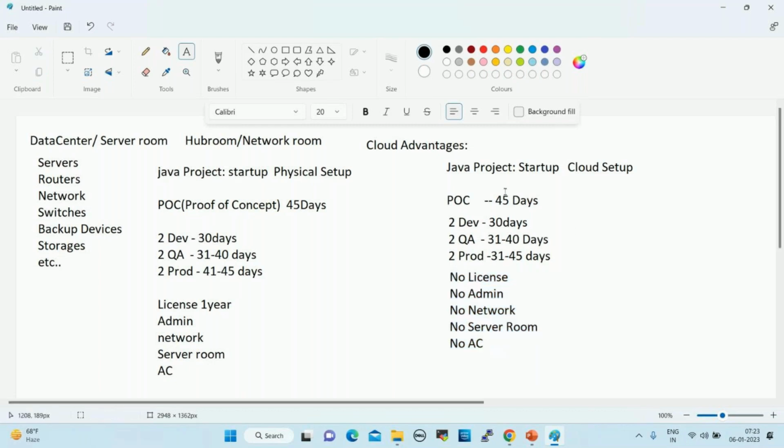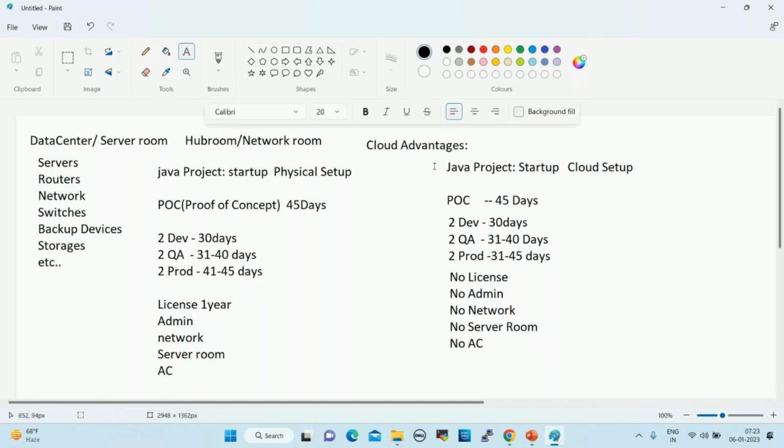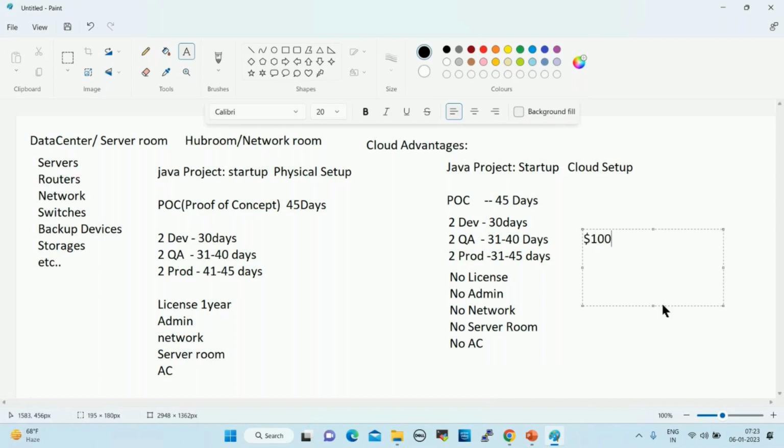So if this POC succeeds, we will get the real project, right? If this POC is rejected by the client, what will happen? It is also a waste of money. But what is the advantage here? For example, if this POC is rejected by the client, say $100 will be wasted here in cloud environment.